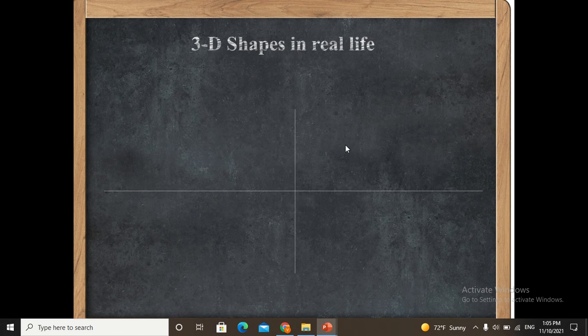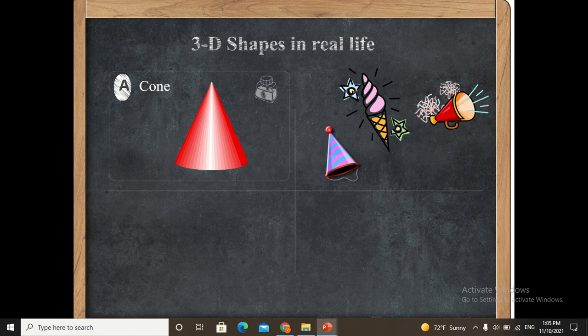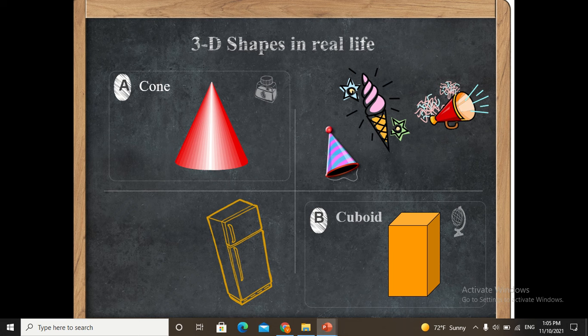3D shapes in real life. Can you name 5 things that have a cone shape? A birthday hat, yes. Ice cream, yes, exactly. Speaker, right. What about cuboid? Refrigerator?